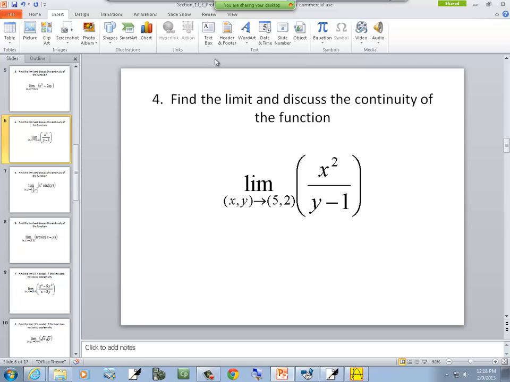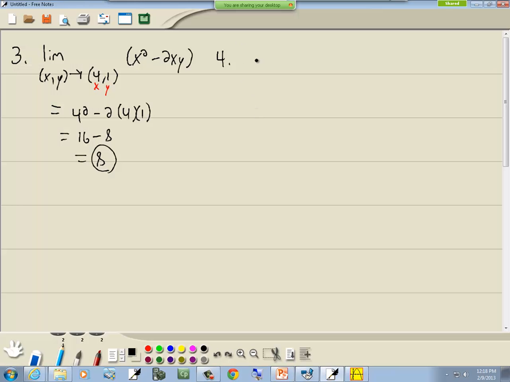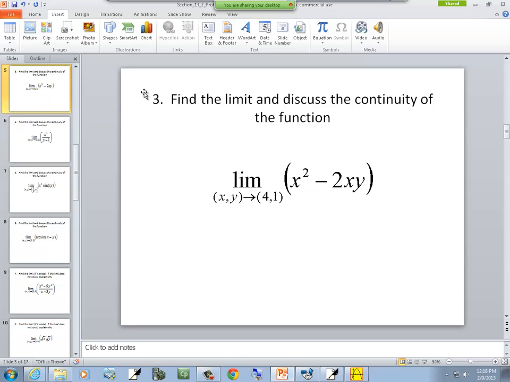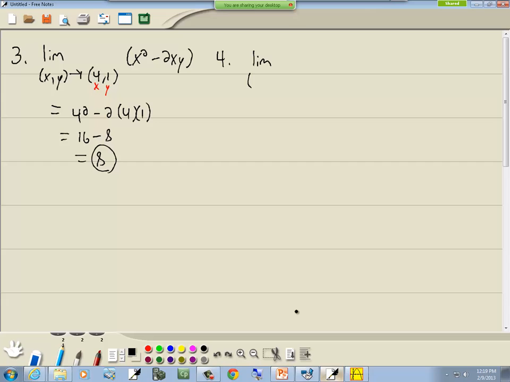Let's take a look at this one. Got limit, and by the way, I was talking about where this is continuous, but I didn't actually write it down. So let me write it down in that one. It's kind of throwing me off with that bizarre graph. Okay, so we're looking at where it's continuous.